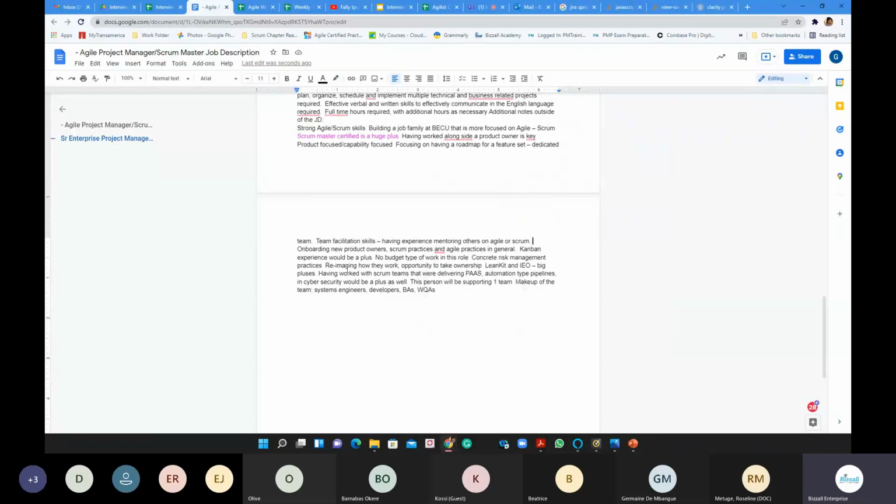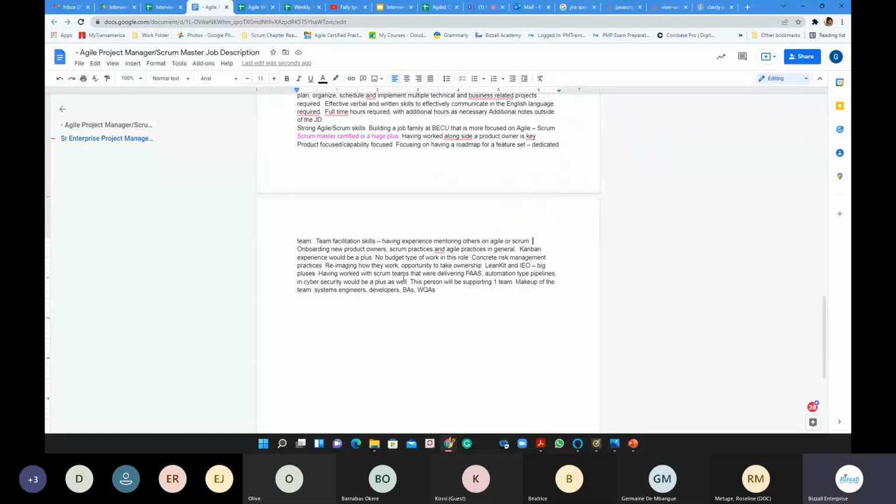Kanban experience will be a plus. You guys have it. No budget type of work in this role, so that is very good. Concrete risk management practices, or reimagine how they work, opportunity to take ownership, blah, blah, blah.